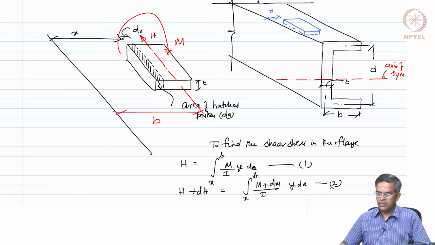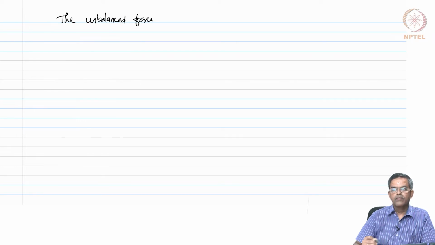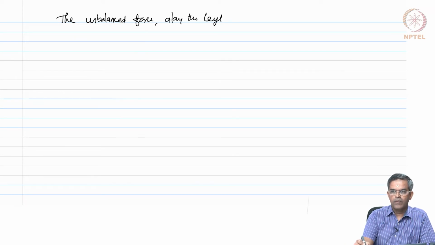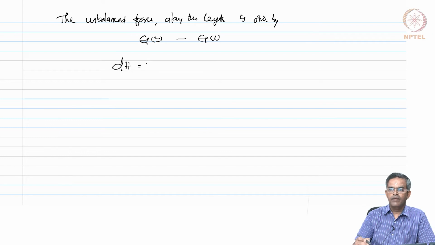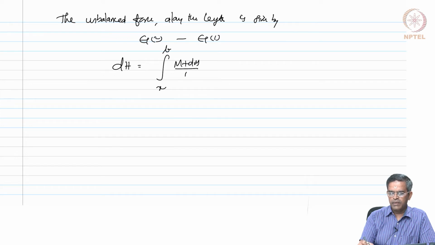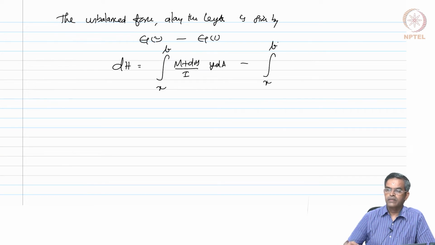Now I want to find the unbalanced force along the length, which is given by equation 2 minus equation 1, which will be dH, which will be the integral from x to b of (M plus dM) by I into y dA minus the integral from x to b of M by I into y dA.